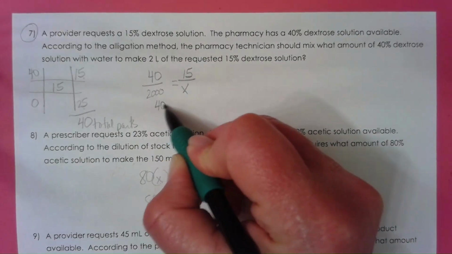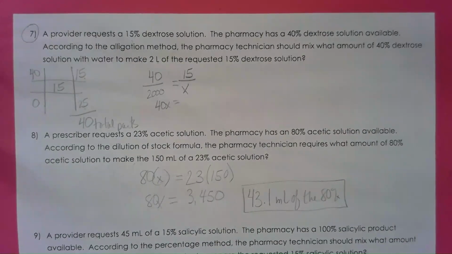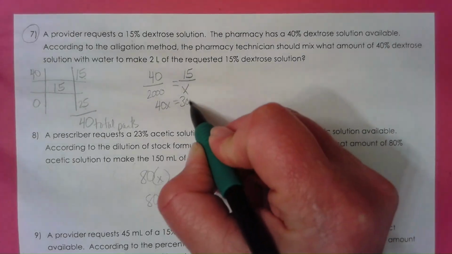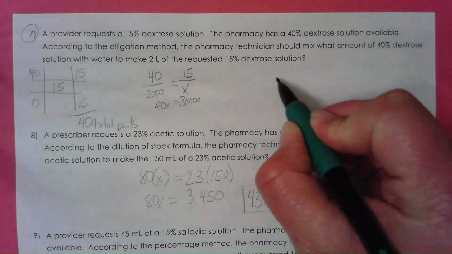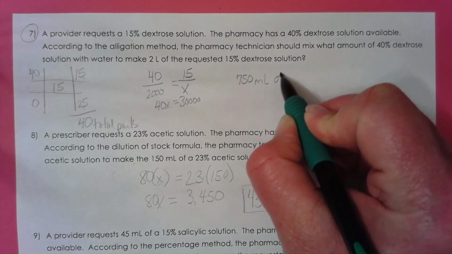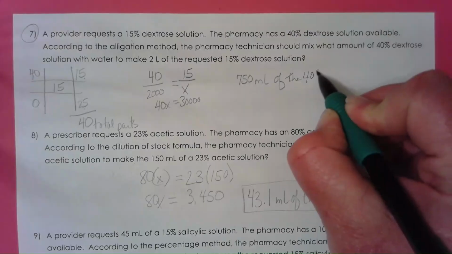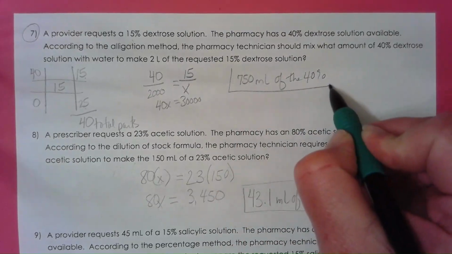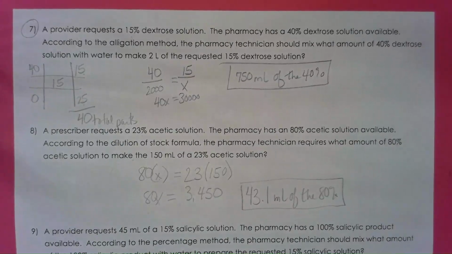We do the math. 40x equals 2,000 times 15 is 30,000. We're going to divide that by 40. We get 750, and that's our answer. 750 milliliters of the 40% solution. Always label, because then you know exactly what you're configuring. If I just put 750, you wouldn't know what you're talking about.